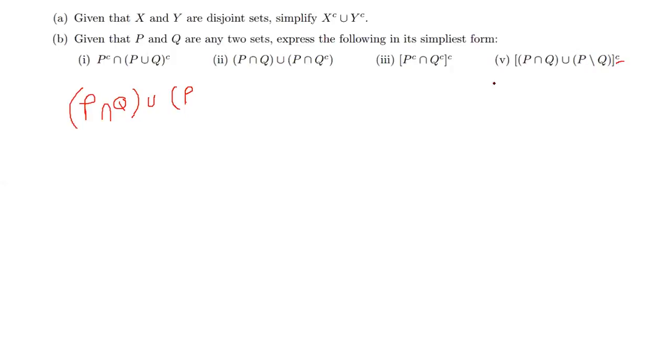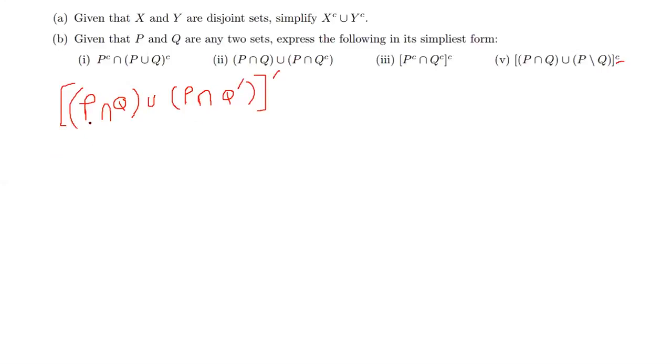So the difference of a set can also be written as one set intersection the complement of the other set, in this case Q. So it's going to be P intersection Q complement, and then we close the brackets like that. Remember, there are square brackets outside with a complement like that.